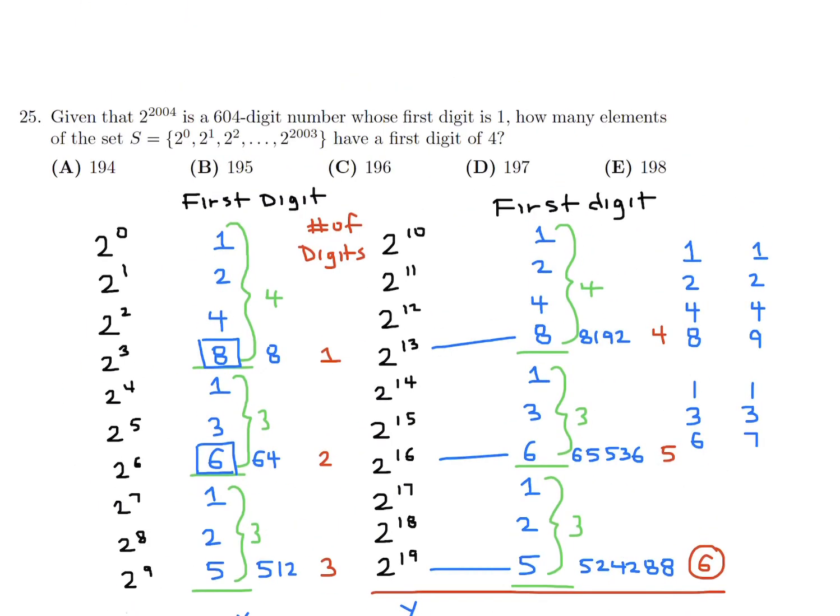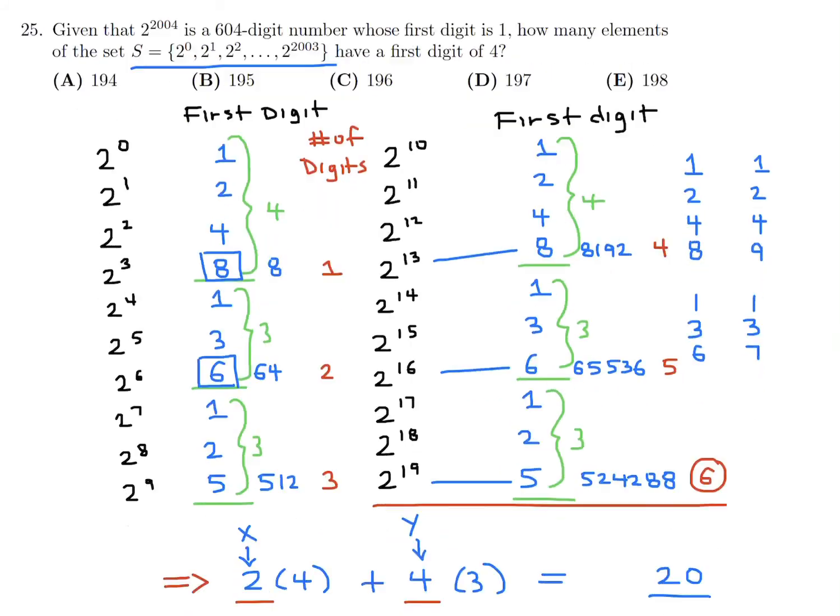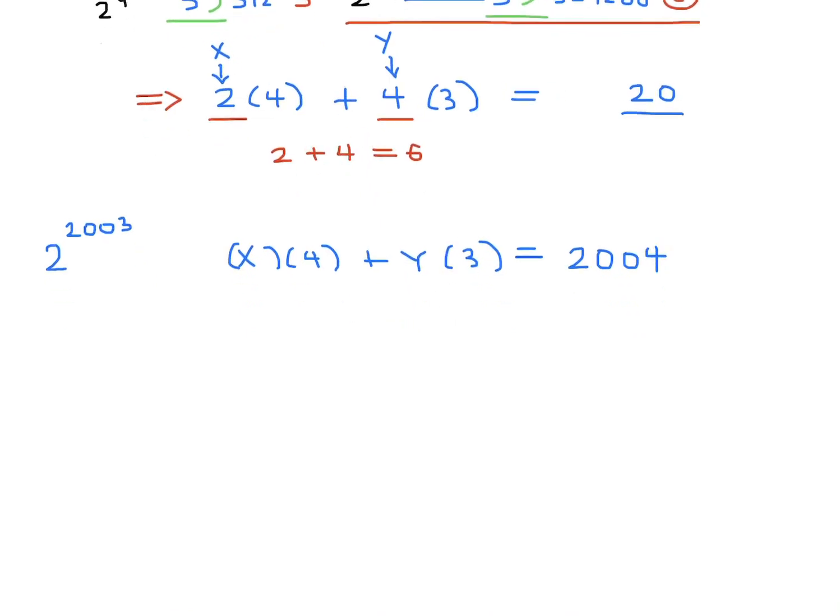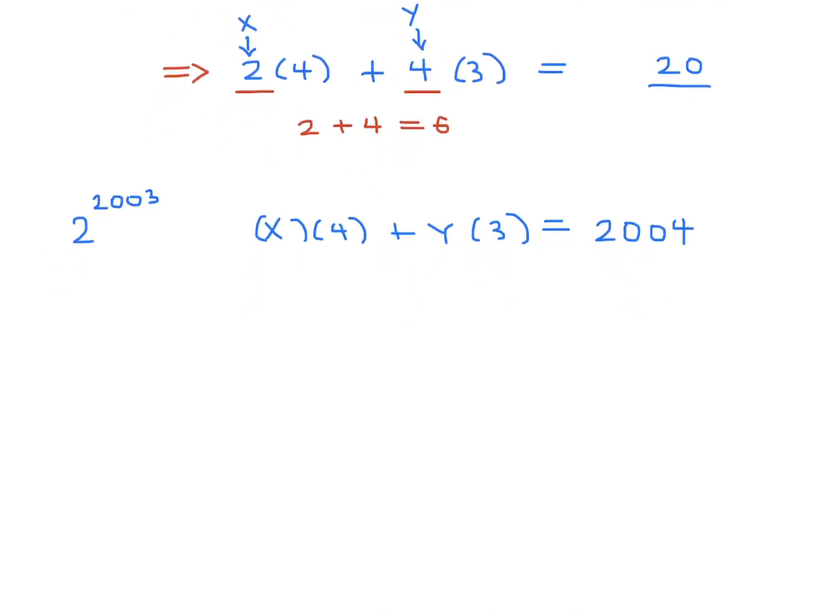Why? Because in our set, we have 2 to the power of 0 all the way to 2 to the power of 2003. And that's 2004 numbers. Okay? So I'm following basically this formula up here. I'm just extrapolating it to 2004 because that's how far they want us to go for powers of 2.